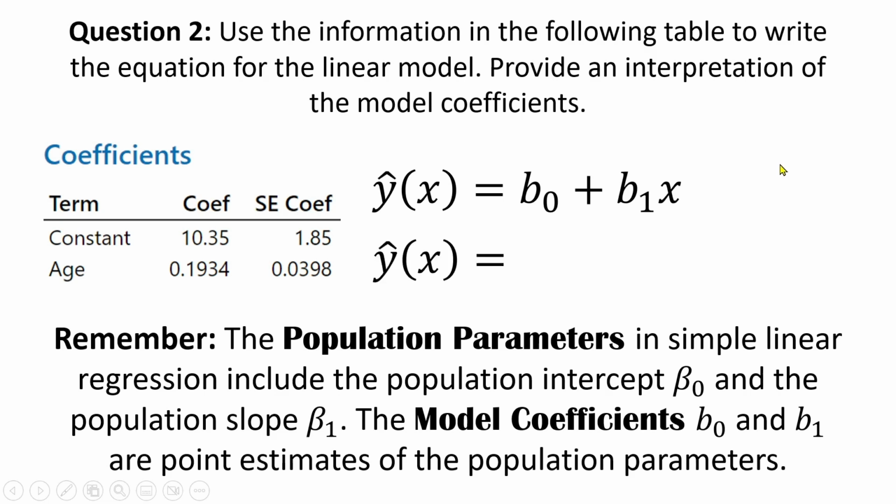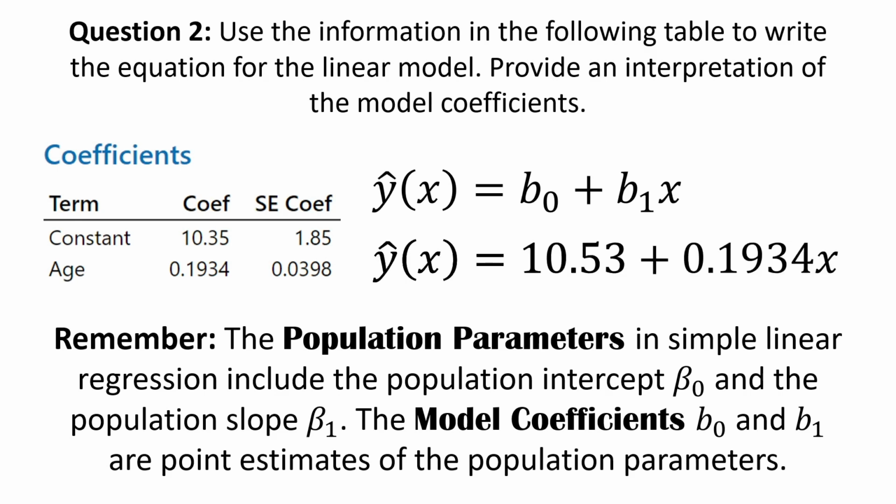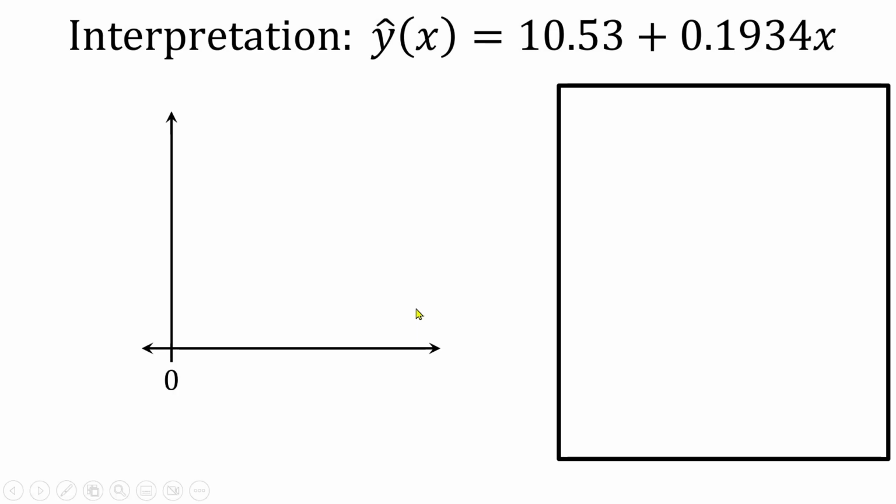We have an intercept of 10.53% and a slope of 0.1934%. So let's look at this interpretation. So here we have our axes. We're going to label them. The x-axis shows the age, the y-axis the percent body fat.